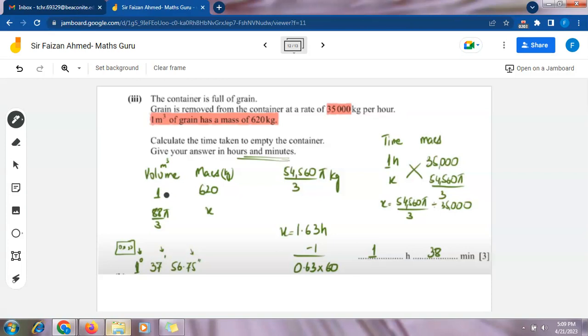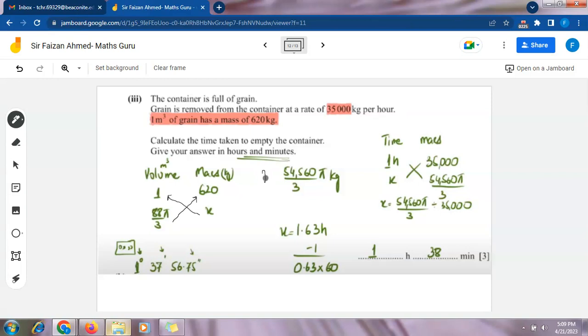So 1 meter cube has a mass of 620 kg. And how much volume do we have? The volume of the container is 88 pi upon 3. To find the mass of this much volume, we will write x, and then cross multiply. x multiplied by 1, and 88 pi upon 3 multiplied by 620.